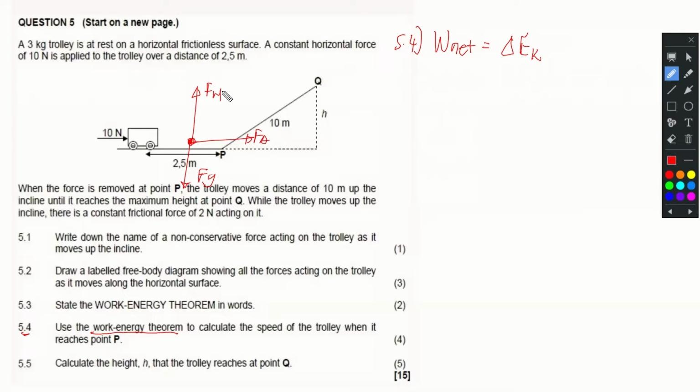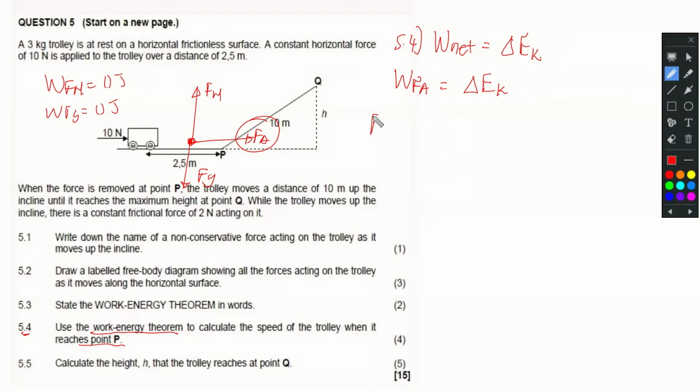So obviously, we already discussed that work done by Fn will be 0 joules, work done by Fg will be 0 joules. So there's no point in showing that. The only force that will be doing work is the force applied. So we'll say work done by Fa is equal to what? Change in EK. Now at this point, what are we trying to calculate? The speed of the trolley when it reaches point P.